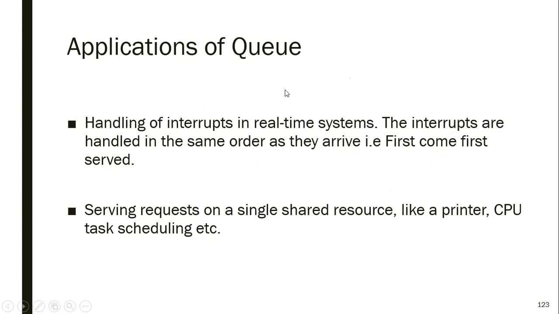It in fact implements this queue data structure. All the programs have to wait in queue. The one at the front of the queue will be entertained first. It will be given the CPU, and all others in the queue will be waiting for the resource. So this is what a queue is.